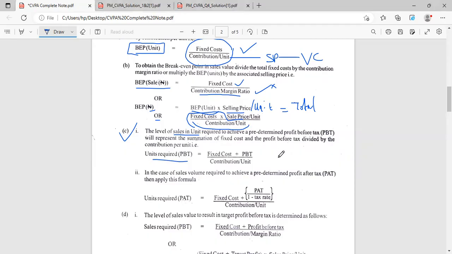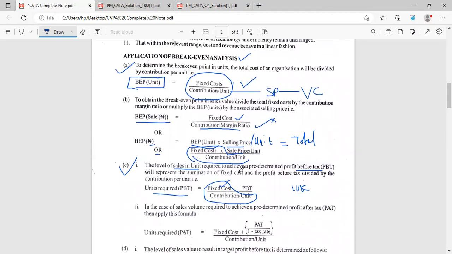If the company intends to get a profit of, say, 10K, they are going to ask the cost accountant, how many units should we produce to get this profit of 10K? Say your fixed costs plus your profit before what? Tax. So this is profit before tax, not after tax, sorry. So this is profit before tax all over contribution per unit. Don't forget this formula is simply to get break-even point in units. So the only difference between this formula and this formula is the addition of what? Profit before tax. Are you getting it?